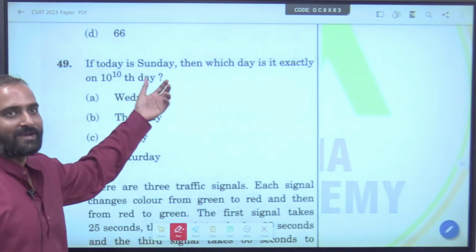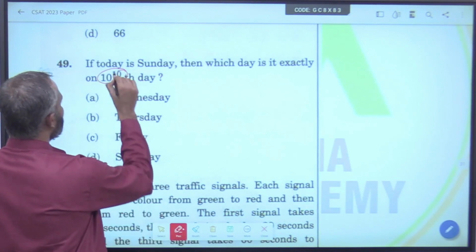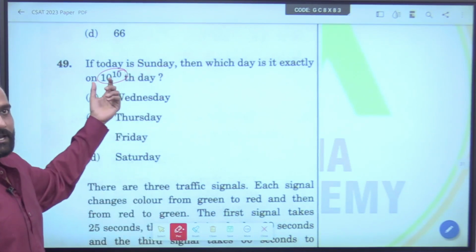Previously we used to get direct calendar questions. Now see, even this has an application of both calendars and number systems.